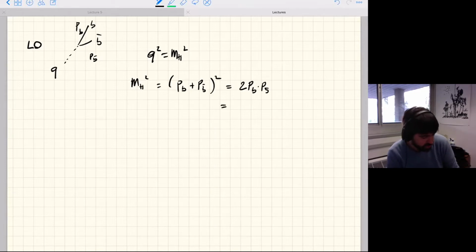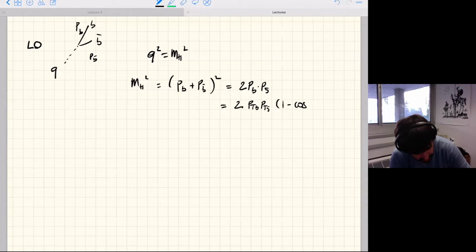Remember, if I'm energetic enough that I can neglect the b masses, then this will be twice p_b p_b bar (1 minus cos theta). Now, cos theta is the angle between b and b bar.